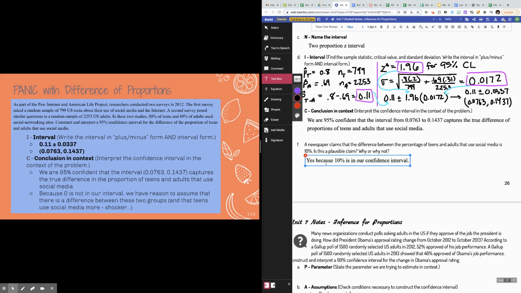Now, another common thing that is asked is, does your interval provide convincing evidence? Here, and I'm going to type this out. So bonus question, does the interval provide sufficient evidence of a difference in these populations.